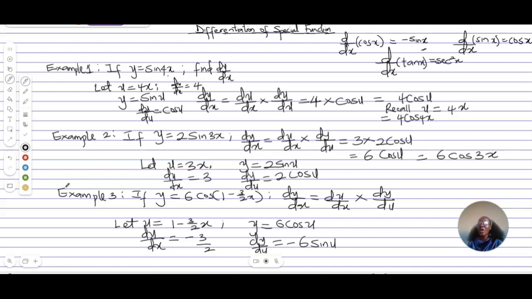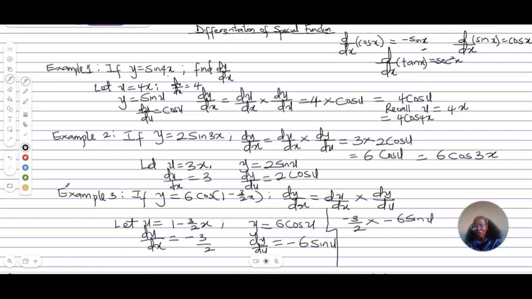Now let's substitute what we have into our formula to find our final answer. dy/dx is du/dx, negative 3 over 2, times dy/du, negative 6 sine u.